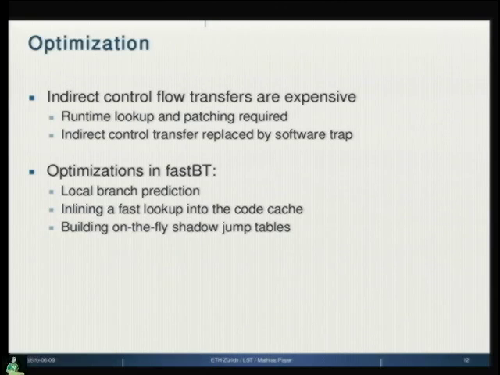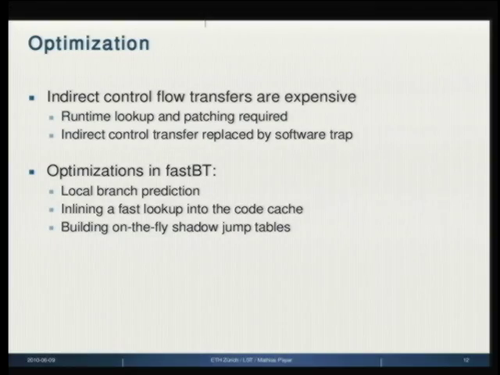So we have several optimizations that are done in fastBT to reduce that overhead and to recover from these overheads. For one, there is local branch prediction, which predicts the location where the indirect control flow transfer will go to. There's inlining of a fast lookup into the code cache, which will check for the most common paths so that we have a direct hit in the mapping table. And we can build on-the-fly shadow jump tables. I will now discuss these optimizations in a little bit more detail.